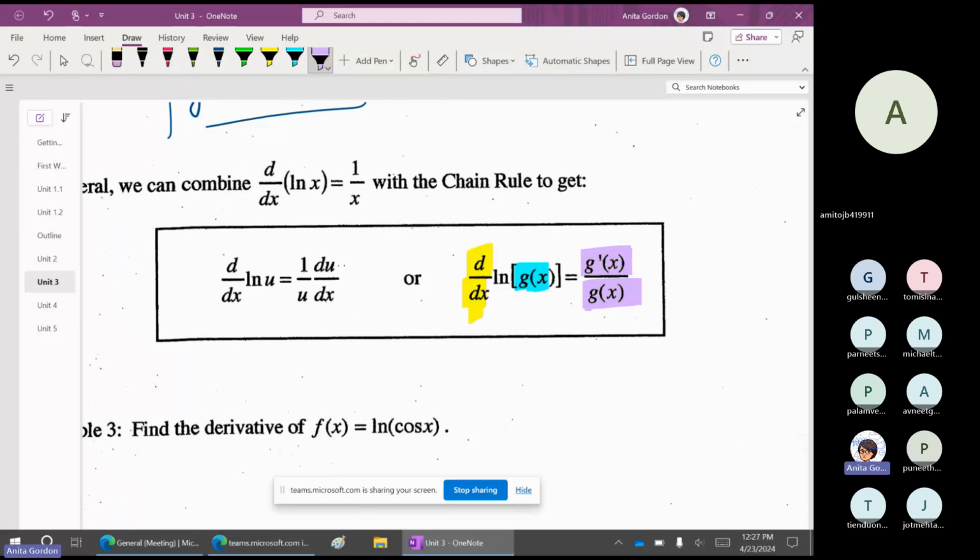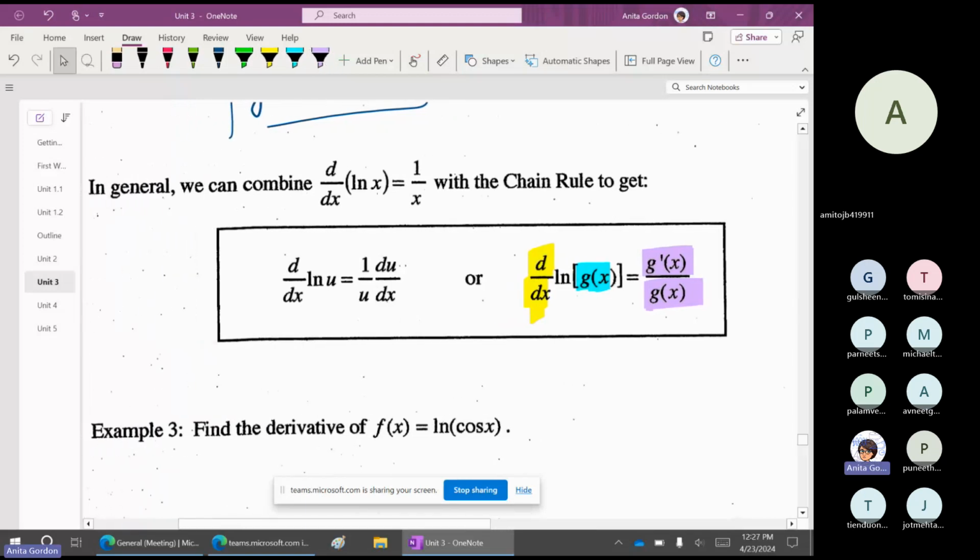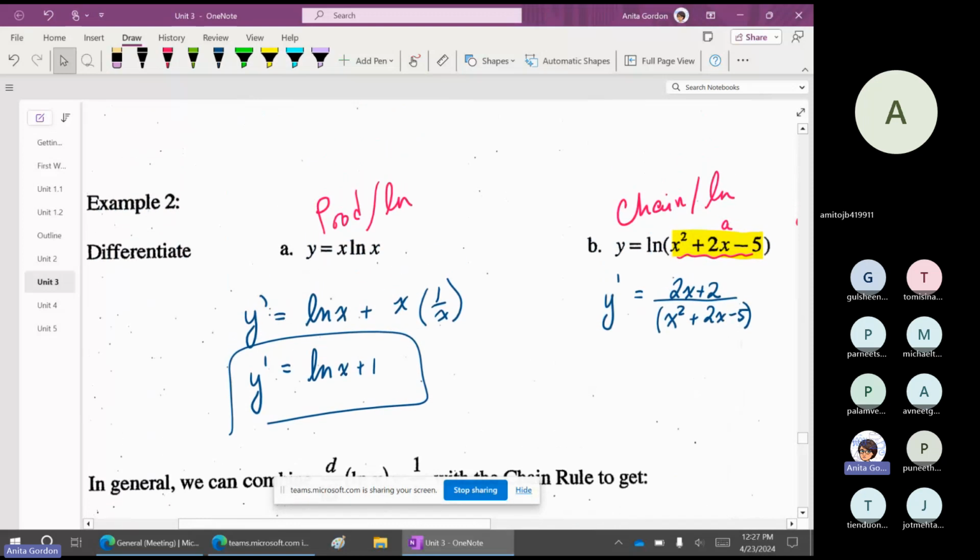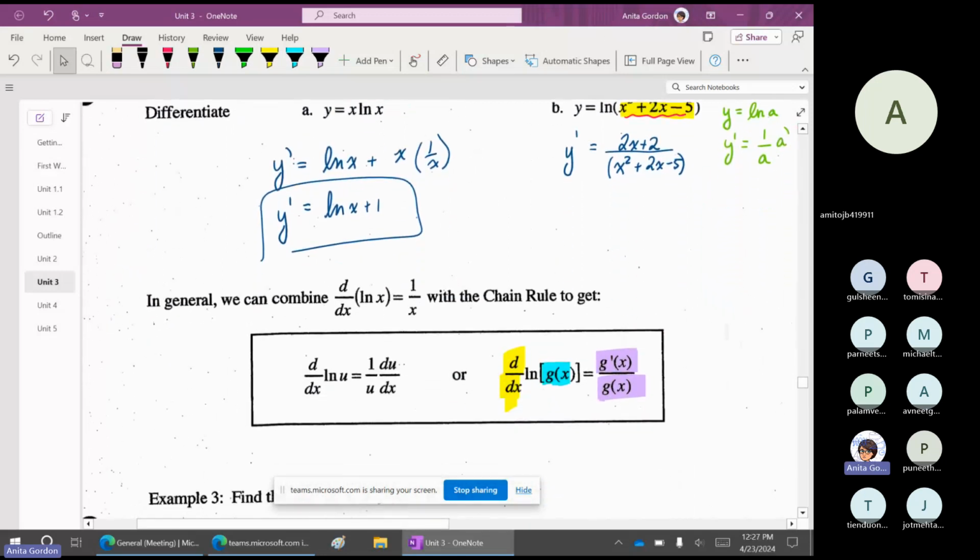Okay, shorthand. I don't think that is on your formula sheet, but you can remember that. And if you don't remember that, as long as you understand how chain rule works, you're going to get there anyway. Either remember chain rule or remember an extra rule. It's up to you.